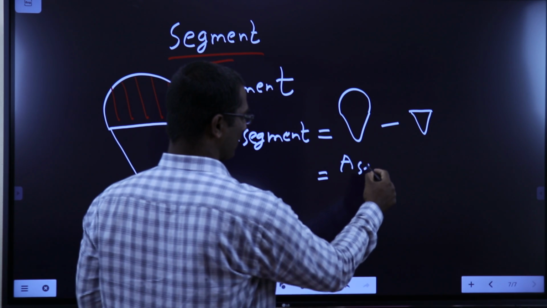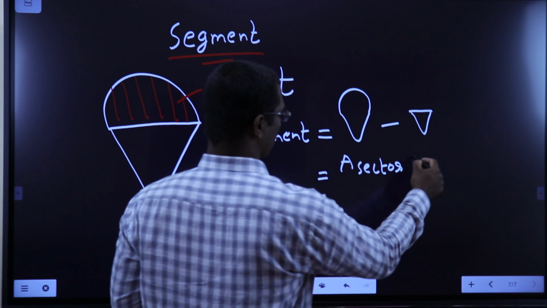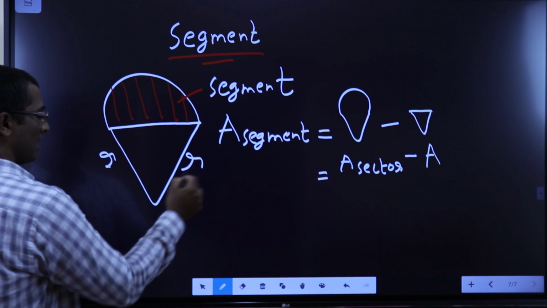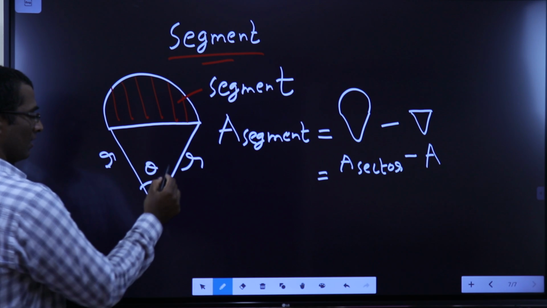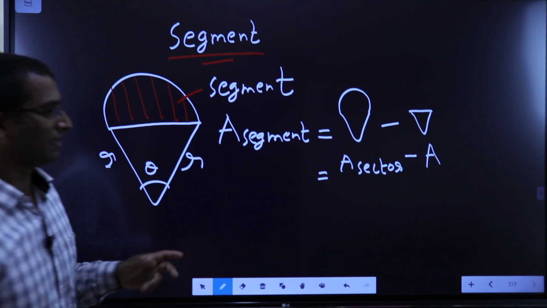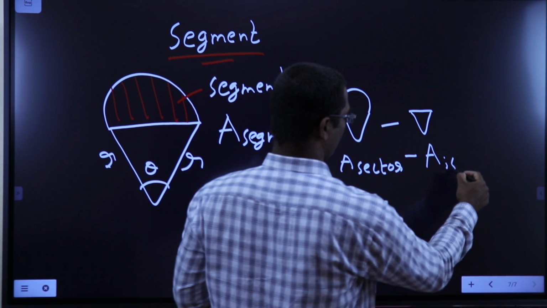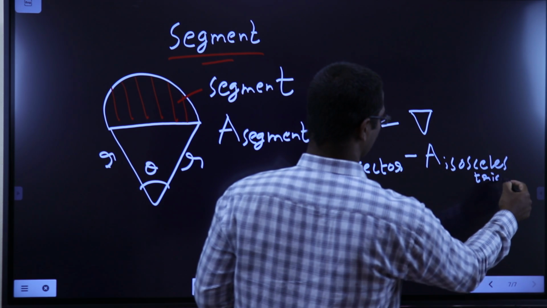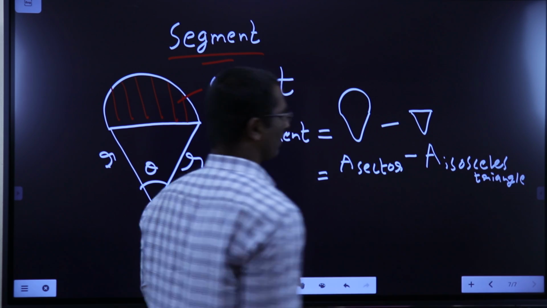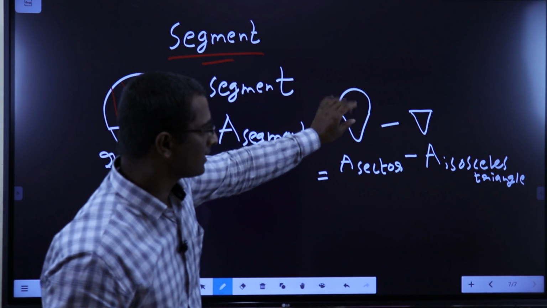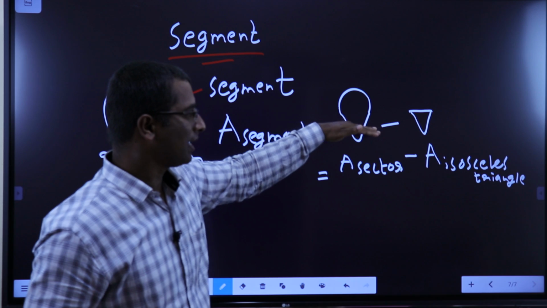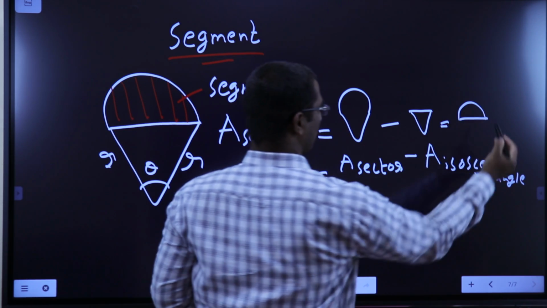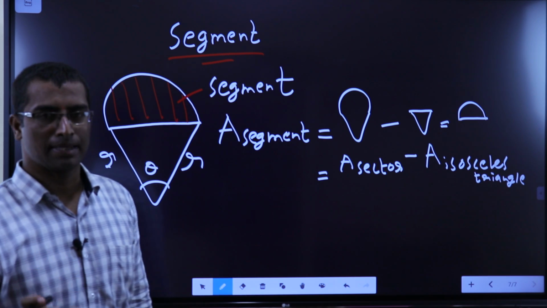So this is area of a sector minus area of, here this is R, this is R, it's an isosceles triangle, so area of isosceles triangle. Clear? From the entire sector, if I remove this triangle part, what is left will be this top part, that we are calling the segment.